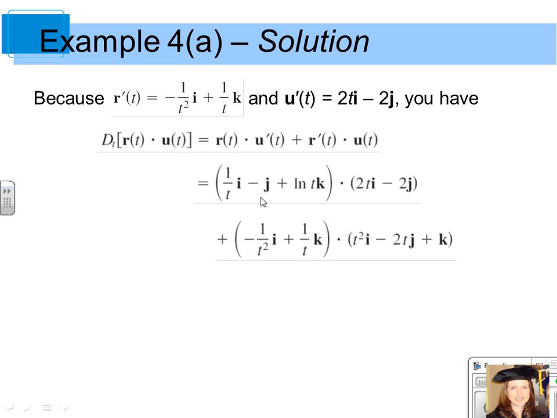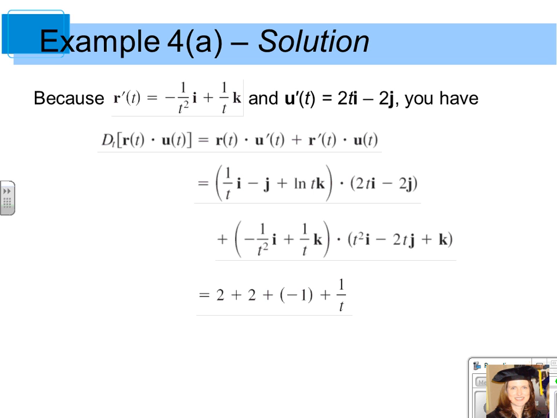That's your original r of t. We're going to dot that with u prime being 2t i minus 2 j, plus r prime of t. The derivative of r is negative 1 over t squared i plus 1 over t k, dot with the original u of t, t squared i minus 2t j plus k.